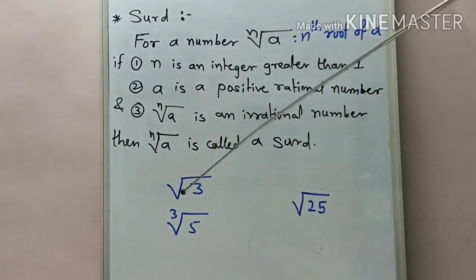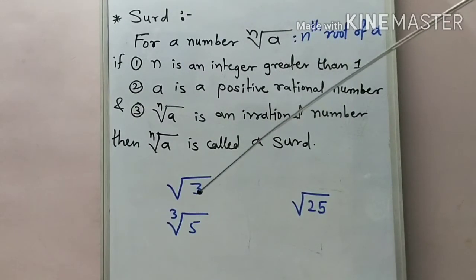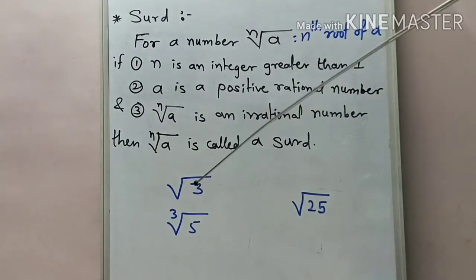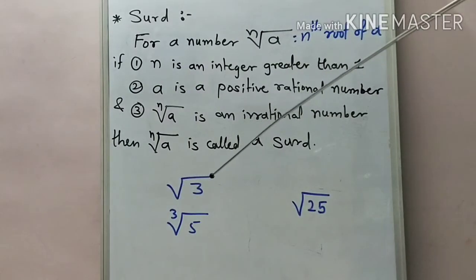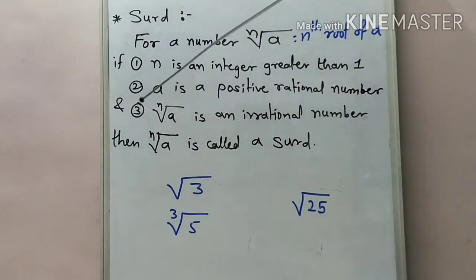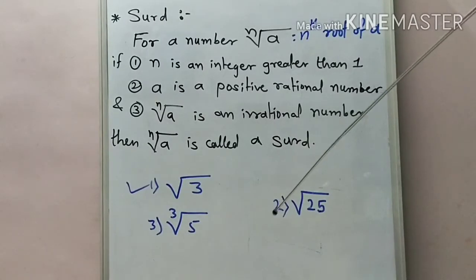So the first condition is satisfied. A is a positive rational number. So here 3 is a positive rational number, and the whole number itself is an irrational number. As we know, root 3 is an irrational number, and hence we can say root 3 is a surd.